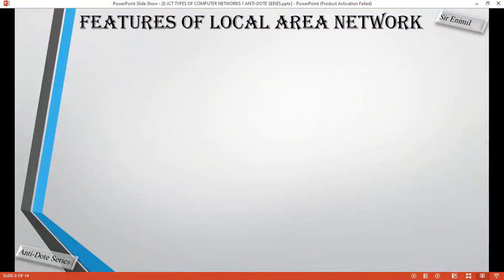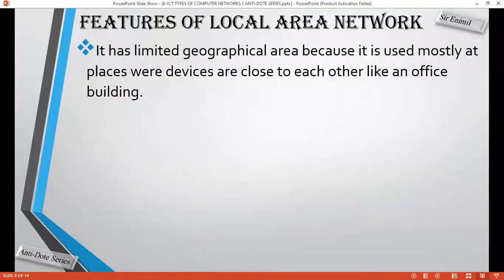Now, features of a local area network. It has a limited geographical area because it is used mostly in places where devices are close to each other, like an office building. So it doesn't cover a very huge distance. It has its own limitations with respect to area coverage. But it covers a very good area. So if you have an office, then you can have a local area network for that particular organization, and that is the area it covers.